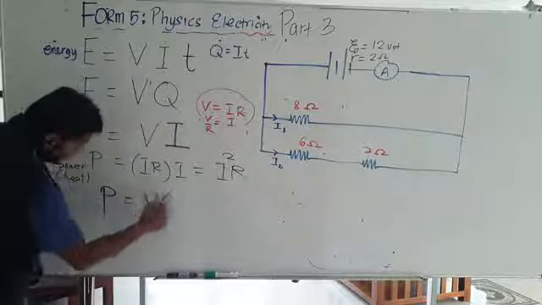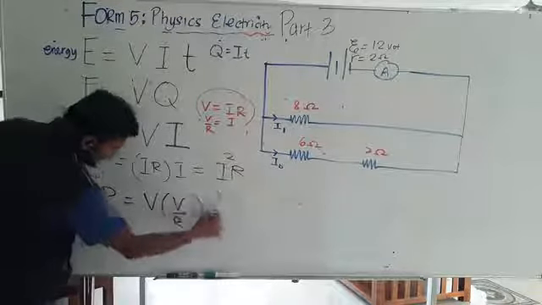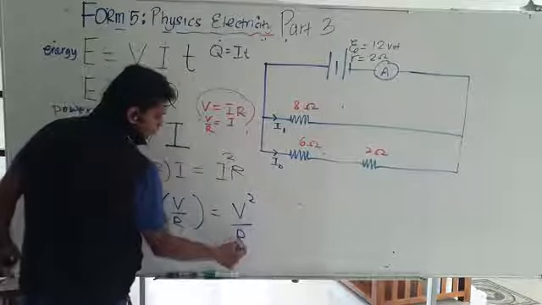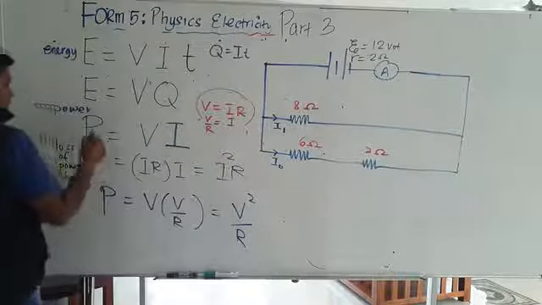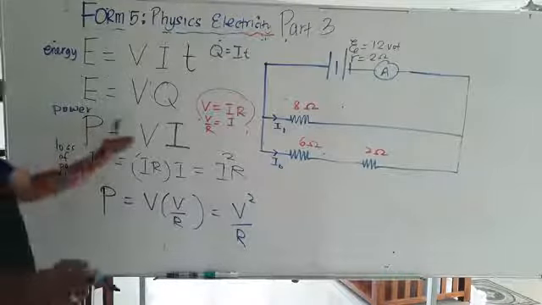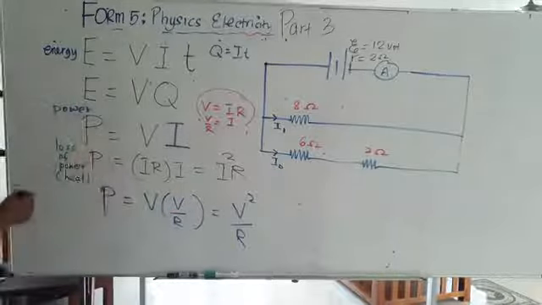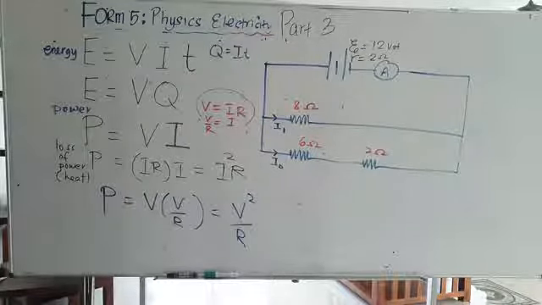So P equals V squared over R. So our next possible formula is this. So 3 different formulas are useful. Whichever formula you use depends on what they give. You just know that there are 3 formulas usable for power. Are you all right? Okay, good.